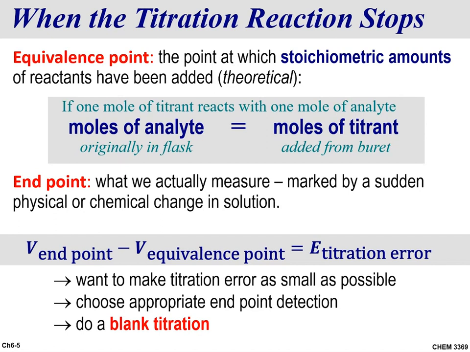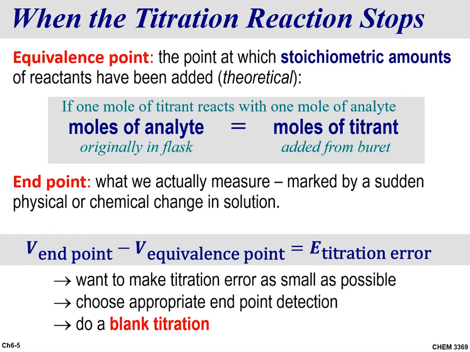So we need to have a way of detecting the endpoint that gives us a very good estimation of the equivalence point. And for that purpose, most of the time we will employ a blank titration. So a blank, a reminder, is a solution that contains no analyte.